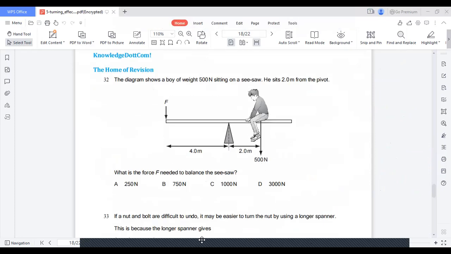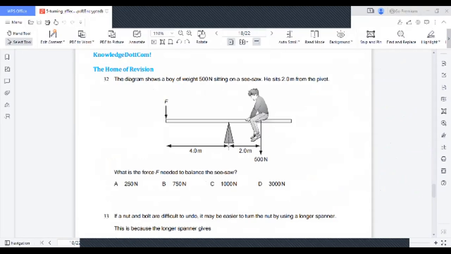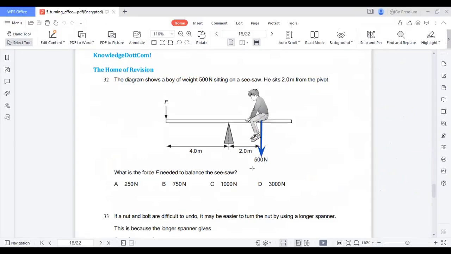Number 32. In number 32, the diagram shows a boy of weight 500 Newton. The weight of the boy is acting in the downward direction, which is 500 Newton, sitting on a seesaw. He sits 2 meters from the pivot.